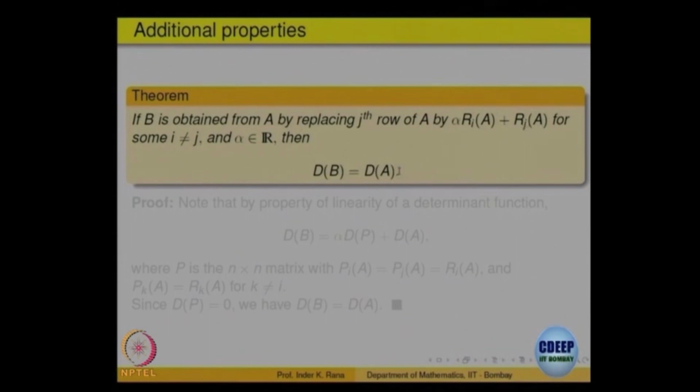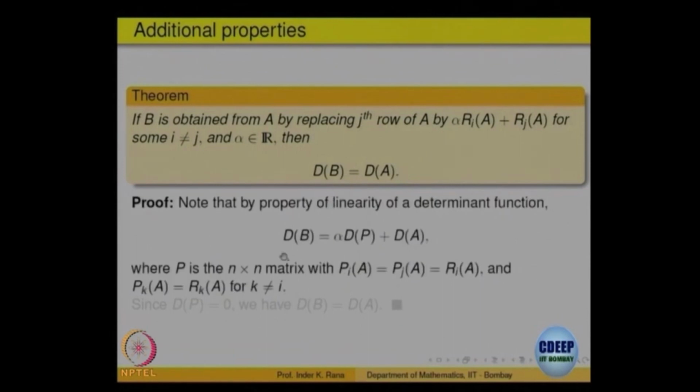Let us write that. The new matrix is alpha times d of P plus d of A. What is P? P is the matrix where the ith and jth rows are both equal to Ri. So that is equal to 0, and dB equals d of A. Again, linearity, expanding those rows and writing in the new form.